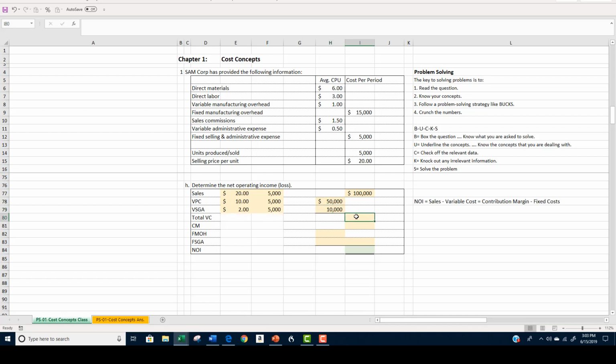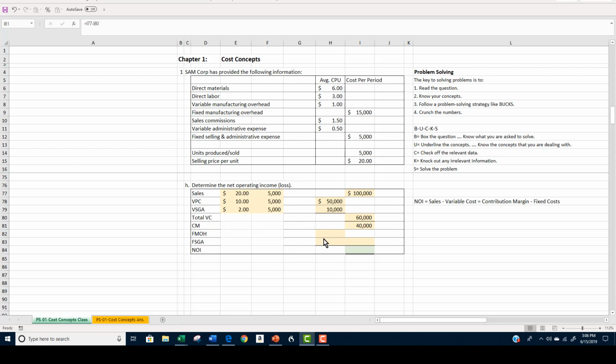The contribution margin is the difference between sales and total variable cost, or $100,000 minus $60,000. The contribution margin totals $40,000. And remember, this represents the amount to be used toward covering fixed expenses and then towards profits for the period.